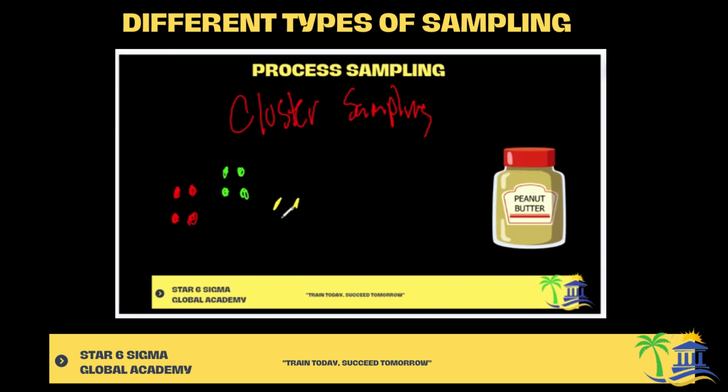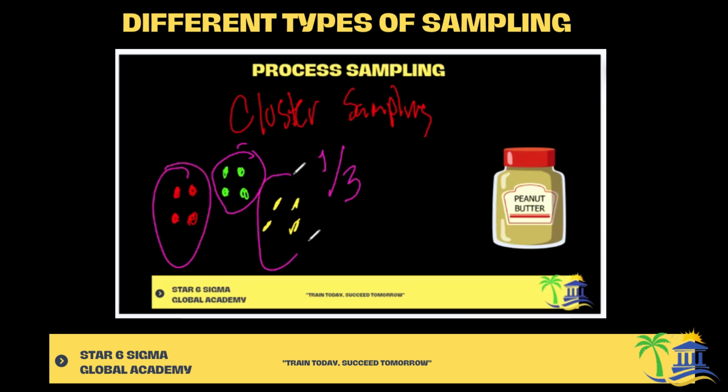Let's give that a banana. I'm going to grab out of this the cluster of them. Each cluster has a 1/3 chance of being selected, based out of the individual clusters.